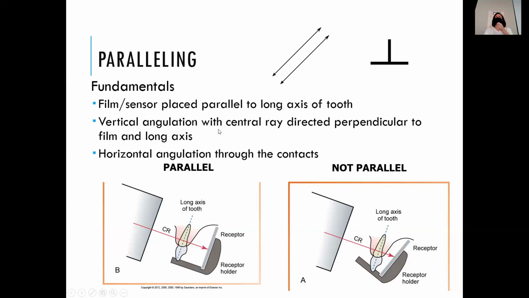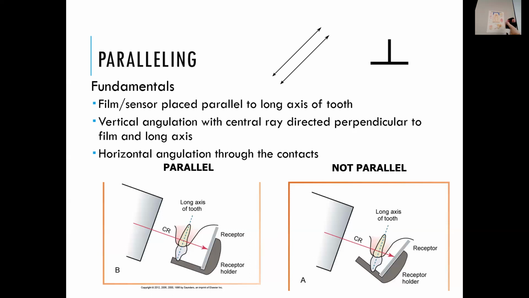So the vertical angulation, which is your up and down angulation of the BID, has your central ray directed perpendicular. So this up here is a perpendicular, it makes a right angle to the film and the long axis of the tooth. Can you guys visualize that?